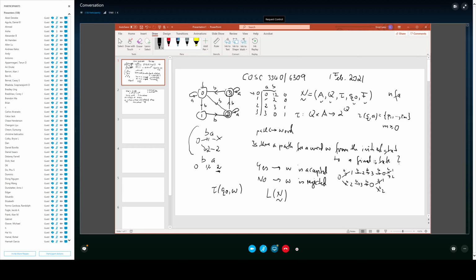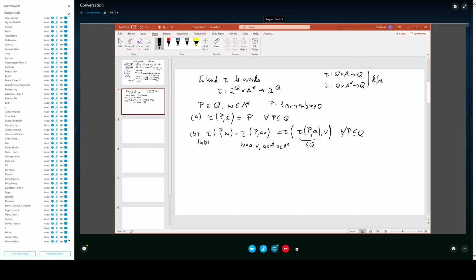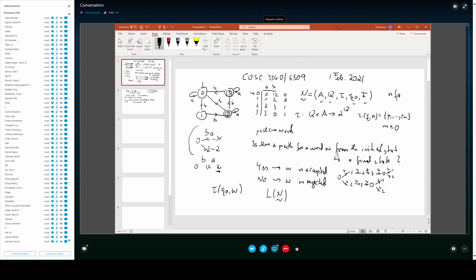As long as we know that that state can be reached, we can test whether that state is final, and if it is, then the word is accepted. It doesn't make any difference whether there are many, many paths or whether there's a single one. And so that means that effectively we're looking not at the paths, even though this is how we're defining acceptance: is there a path from the initial state to a final state?